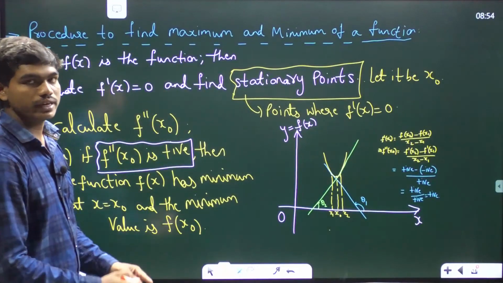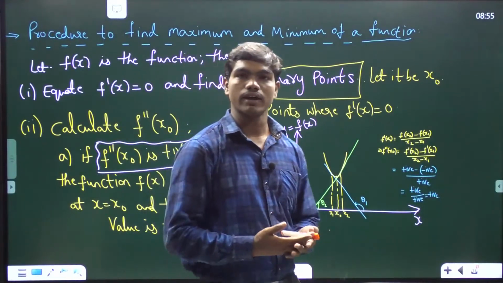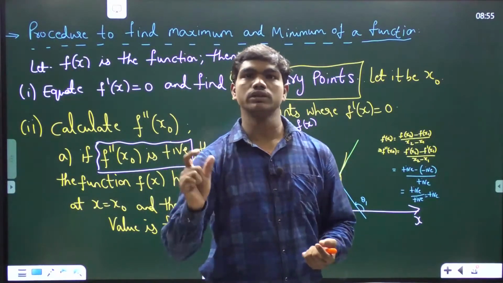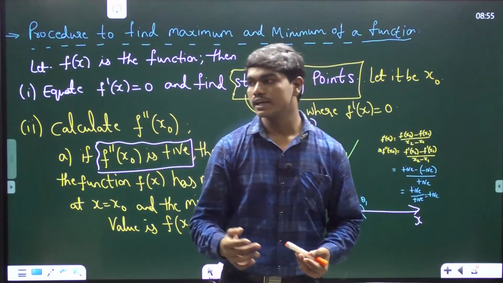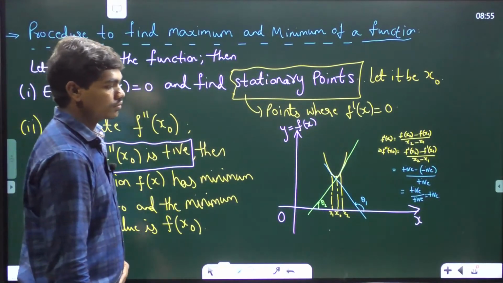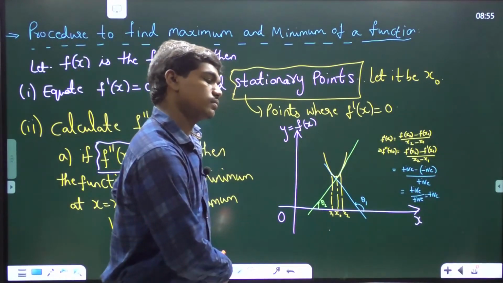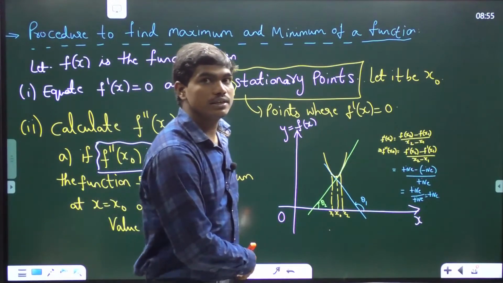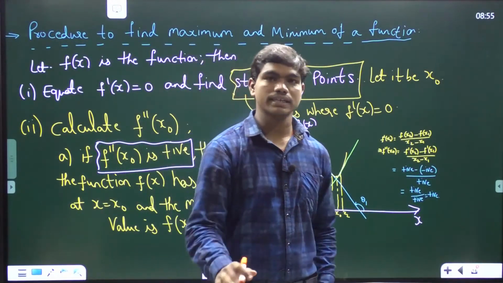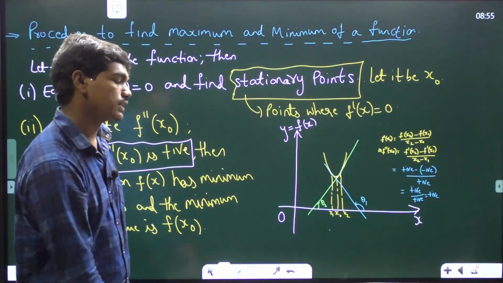So for a minimum, you find the value of the second derivative at the stationary point, and you see whether it's positive or negative. Okay, so please take these points. Slope of slope. For example, Praveen, velocity is the first derivative of displacement and acceleration is the second derivative of displacement. There are quantities defined in such ways.